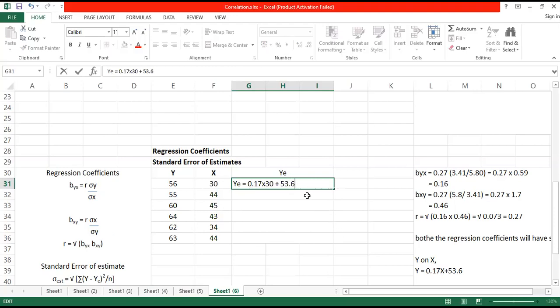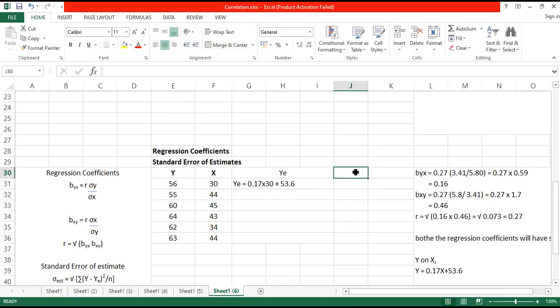right? Likewise, for everything we have, I'm just calculating the value here, y, right? So let me devise a formula. It's equal to 0.17 into the value of x.